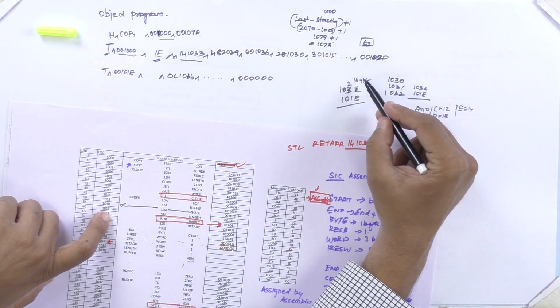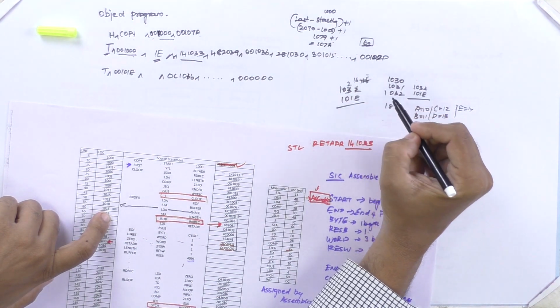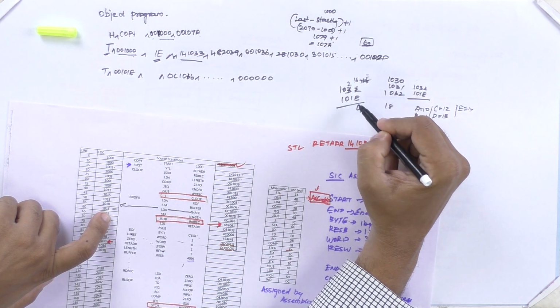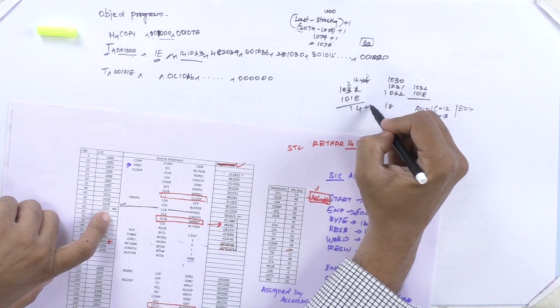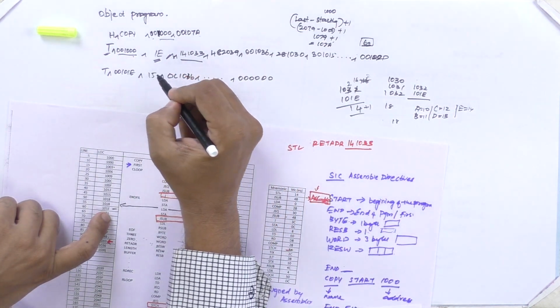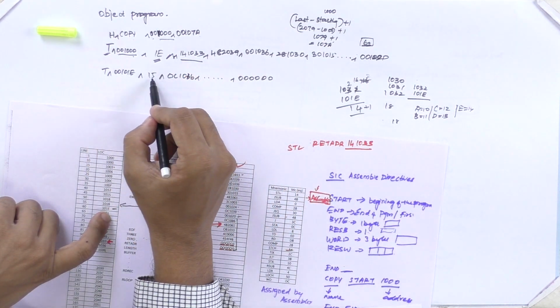So 16 plus 2 is 18, 18 minus 14 is 4. So already I have said, since it starts from that position, you have to add 1. So the answer will be 15. So the second text record length will be 15.